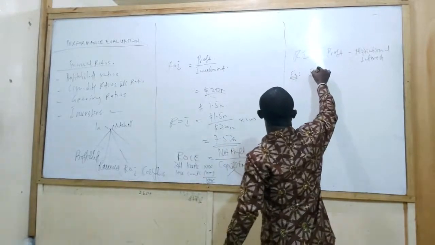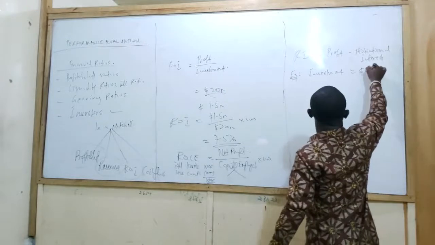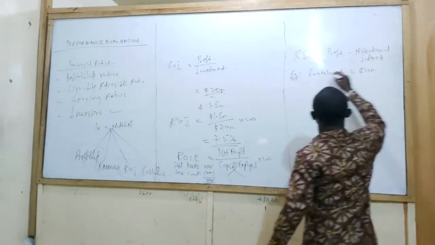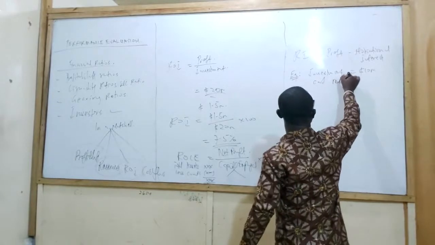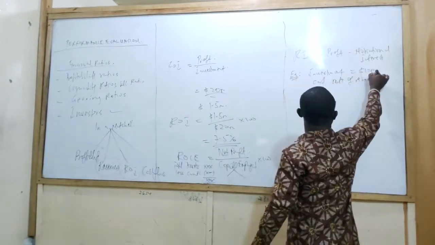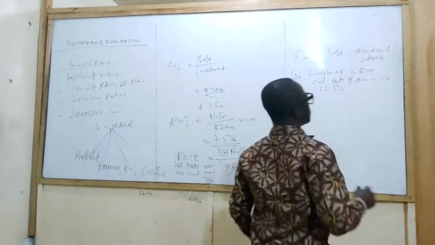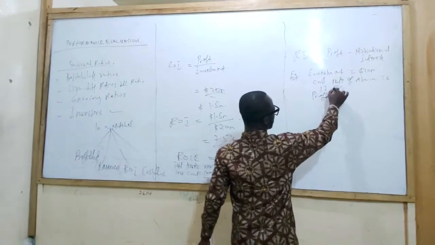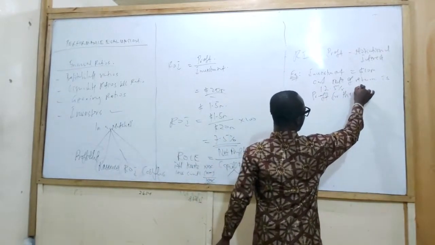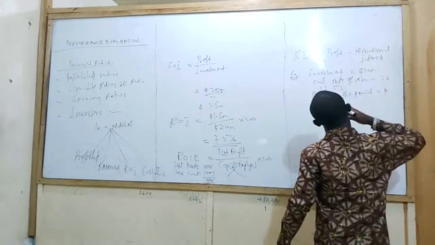Let's say the company has an investment of $10 million and the required rate of return is 12.5%. Let's say the profit for the company is $5 million.